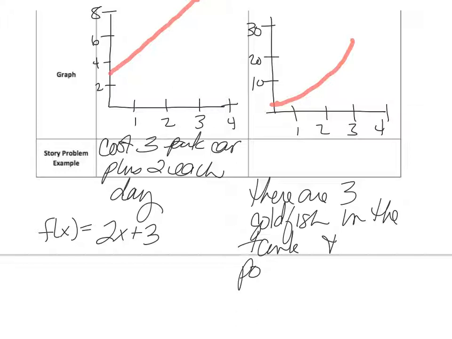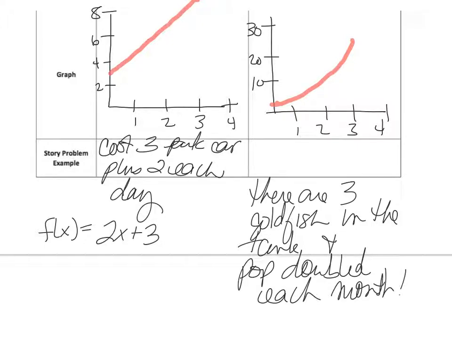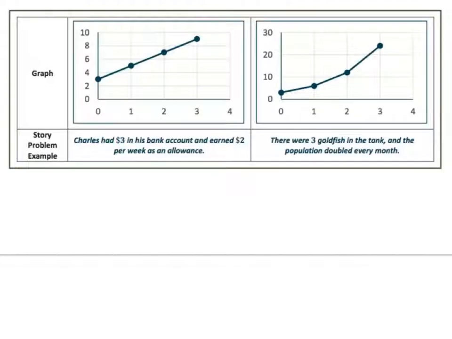And the population doubled each month. So here you go, written much better. We talked about bank account, earned $2 a week as allowance, goldfish one I used. Push pause, make sure you've got this in there correctly.